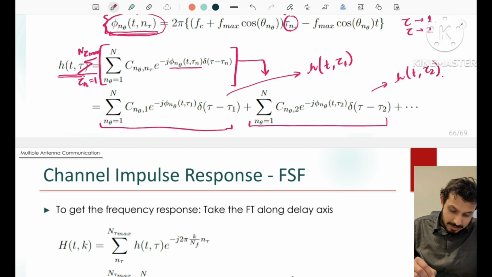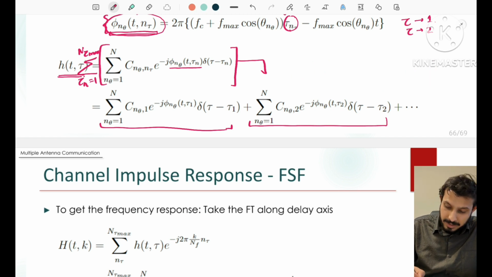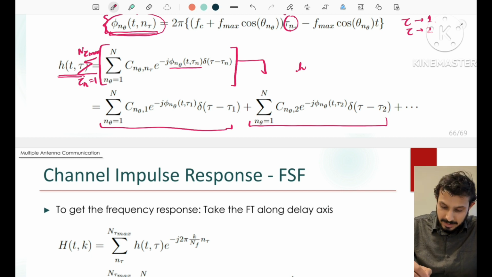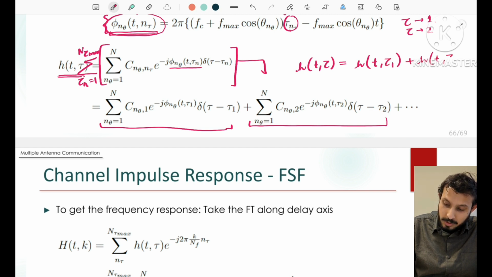So the channel impulse response for a frequency selective fading is the addition of the impulse responses at different propagation delays. That means we can write h(t, tau) as the channel impulse response at tau 1 plus the impulse response at tau 2 and so on.